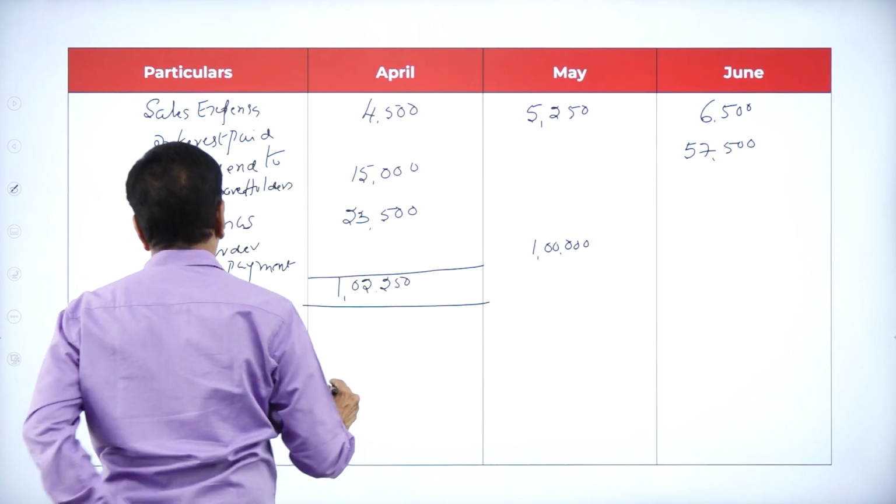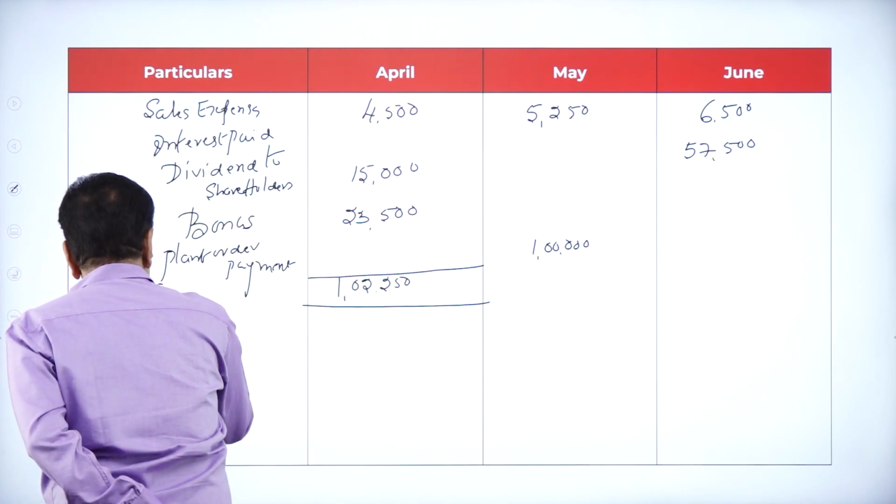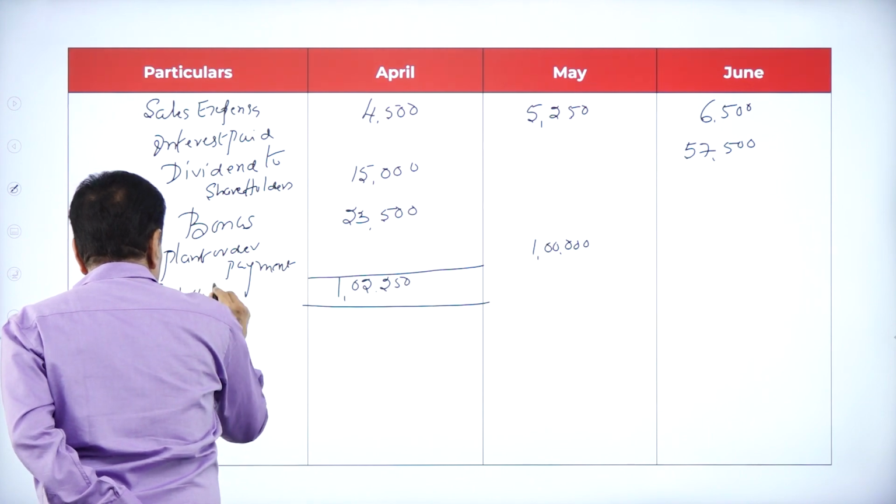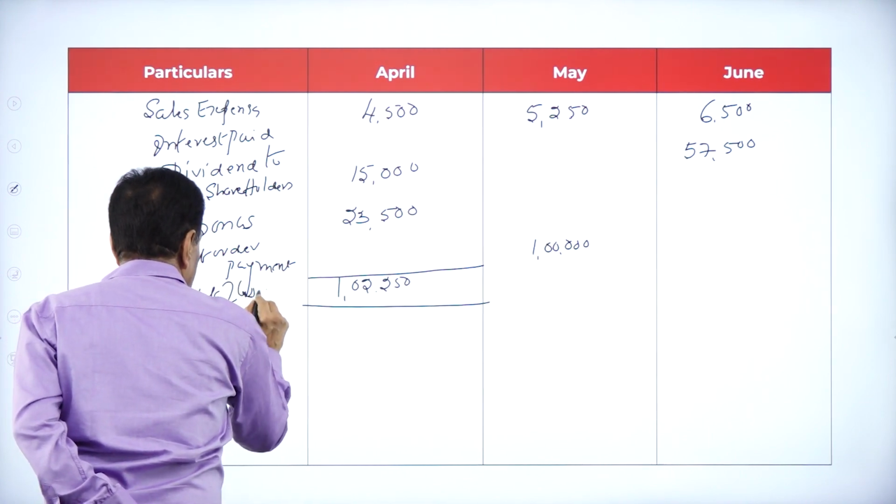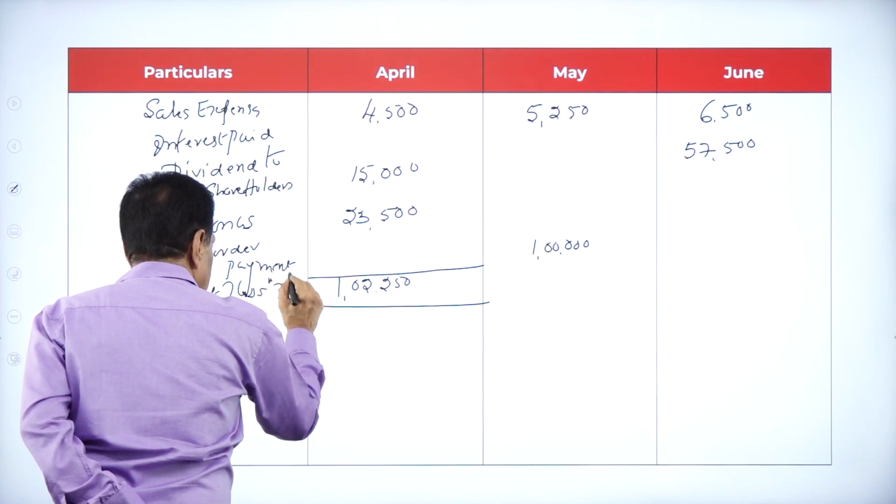Outflows, cash outflows. Call this as D.